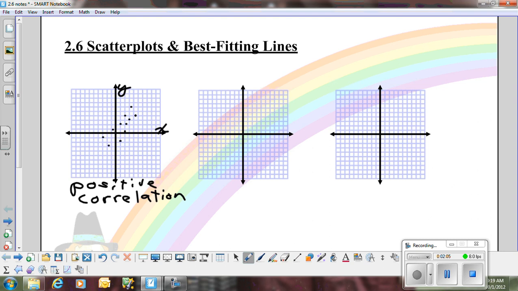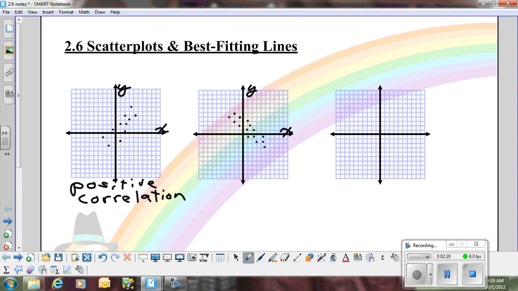Now, if my scatter plot looks something like this, as x gets bigger, what happens to my y values?